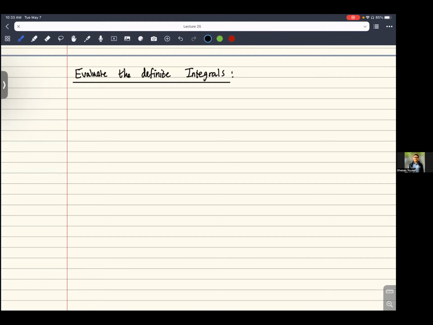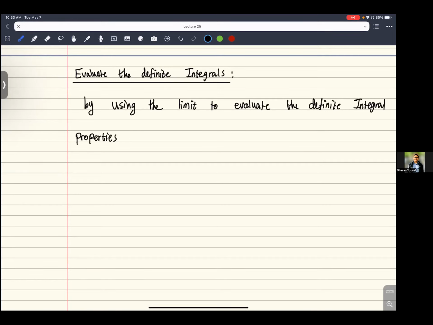So we're going to use the limit sum, as I said before, by using the limit to evaluate the definite integrals. We have some very important properties of sums. We're going to use these properties for evaluating the definite integral.